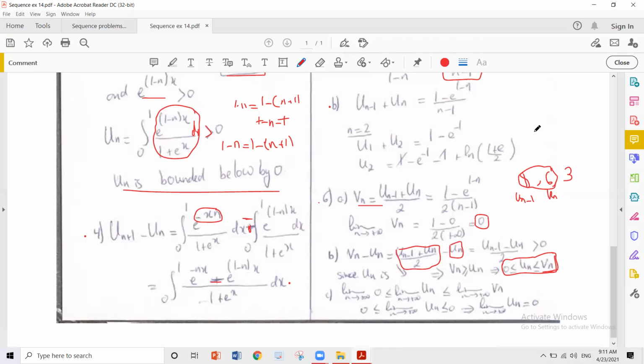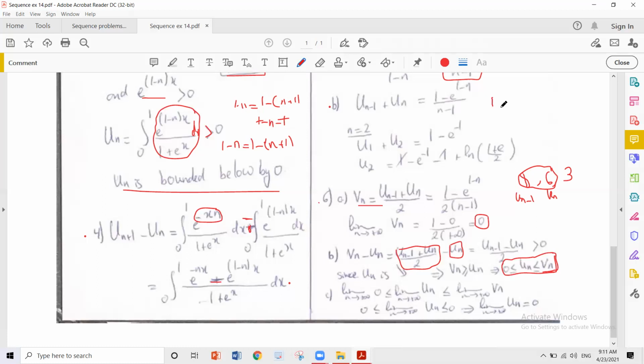Here we take Vn minus un: un minus 1 plus un over 2 minus un. After taking the LCM, we get un minus 1 minus un over 2. Why is it positive? Because un is a decreasing sequence. Whenever it is decreasing, un minus 1 is greater than un.